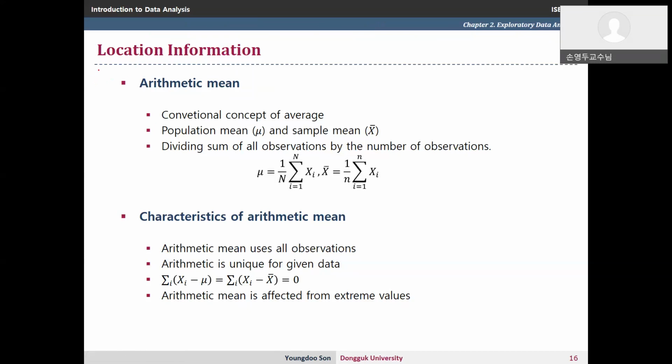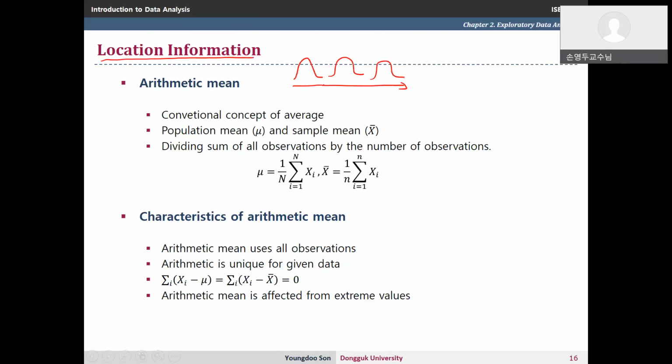The first part is about the representative values of the location information. The location information means where the data distribution is located. So here, or here, or here.